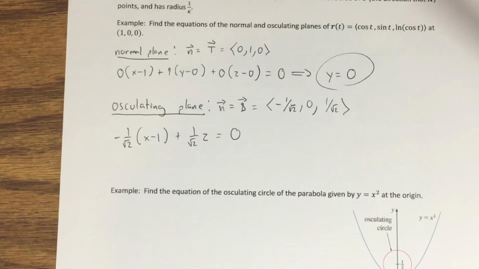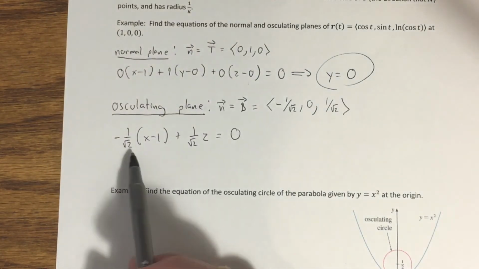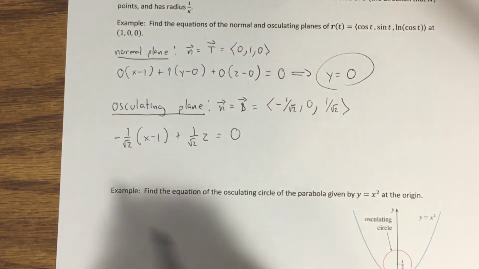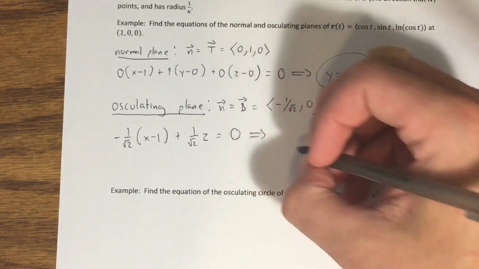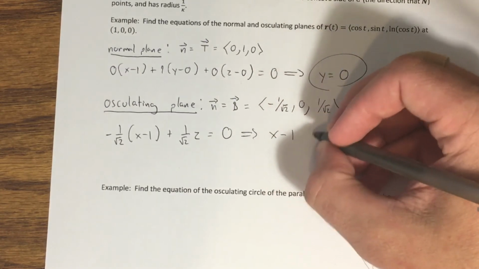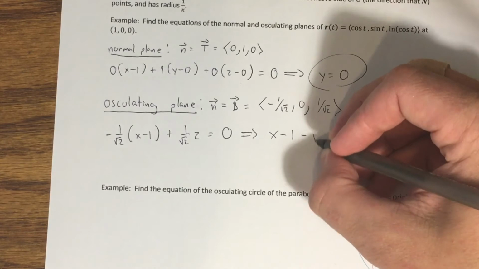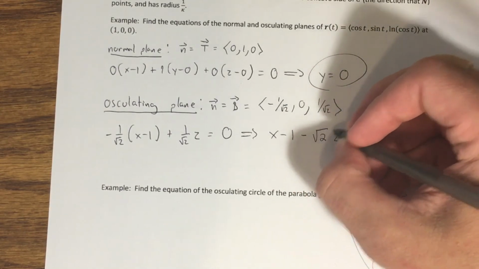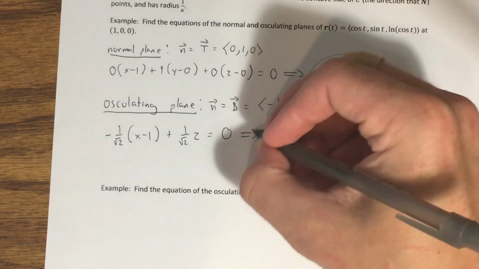It's fairly typical in a case like this to multiply both sides by that root 2. In fact, I'll multiply by a negative root 2 so that the first term comes out positive. That's going to mean we have x minus 1 minus root 2, minus 1. Let me fix that.